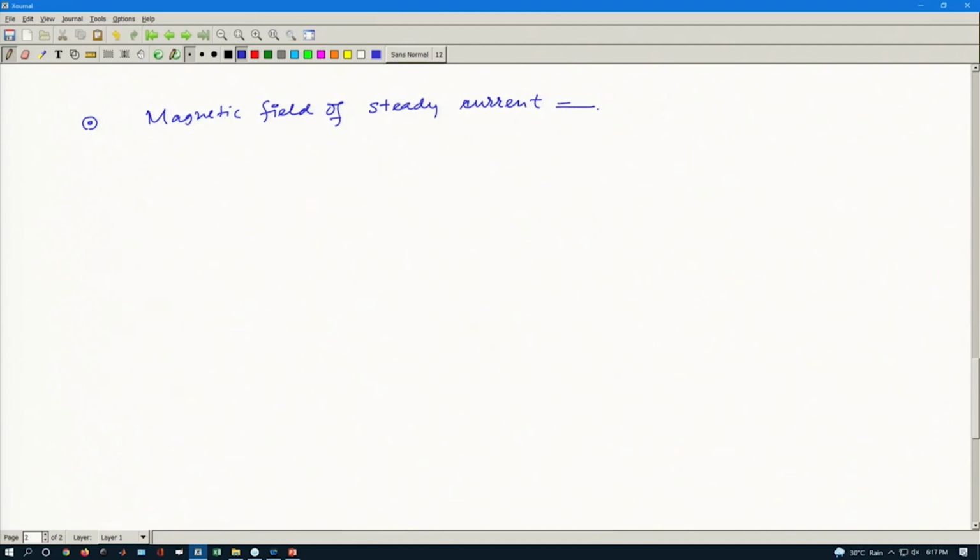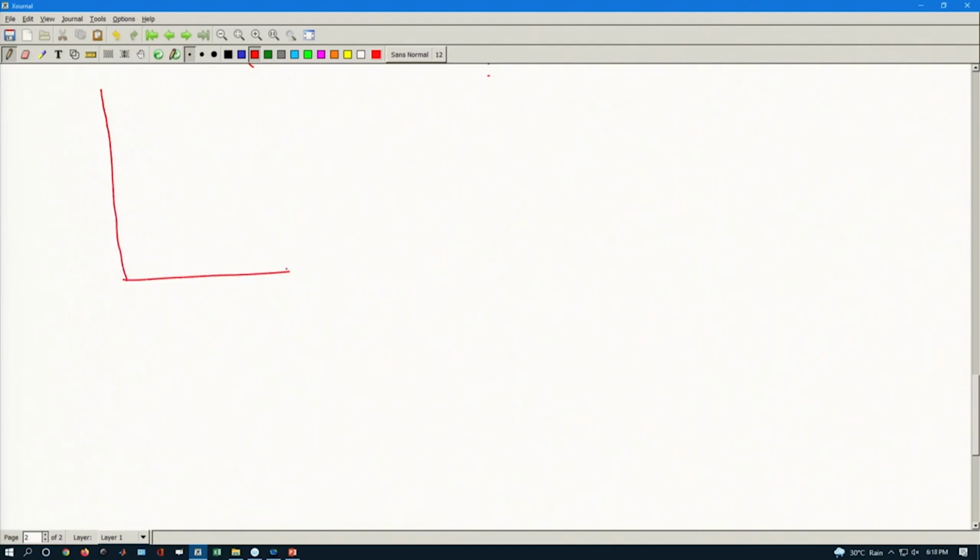If I want to calculate the magnetic field of the steady current, there is a law associated, and this law is basically the Biot-Savart law. You all know this law because this topic has been in the syllabus for a long time, in class 12 level.